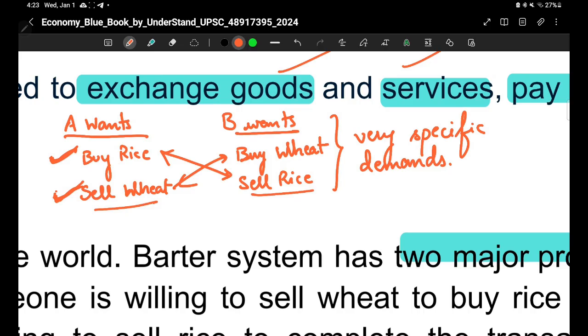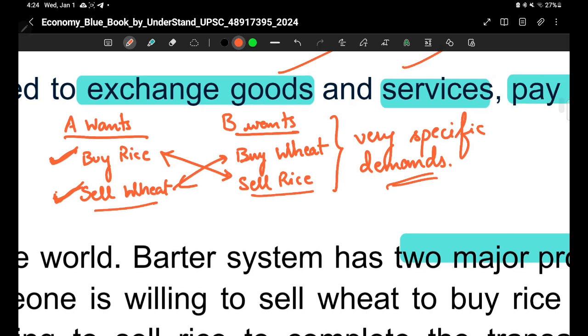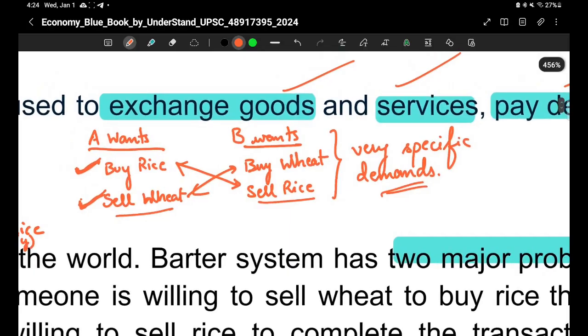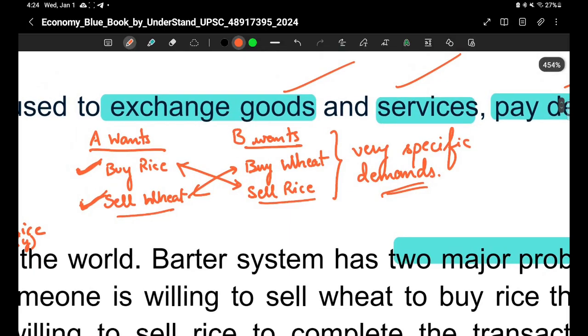So this is a good thing for this interaction, but this is not going to happen always, right? This is a very specific demand. A cannot always find B, and B cannot always demand wheat. He may have other preferences as well. So this is a limitation of the barter system. You may not always find your buyer or seller, right?